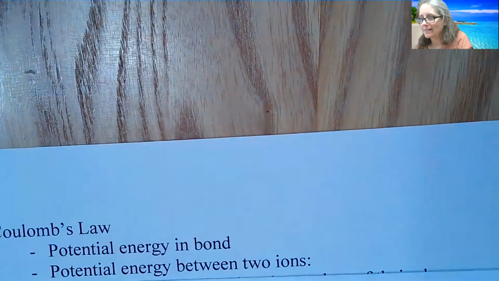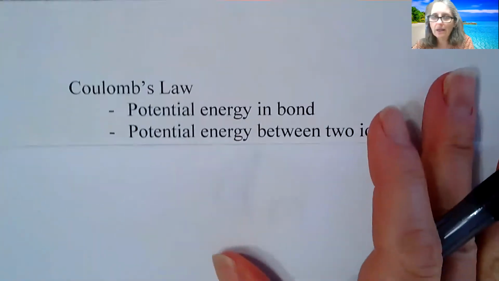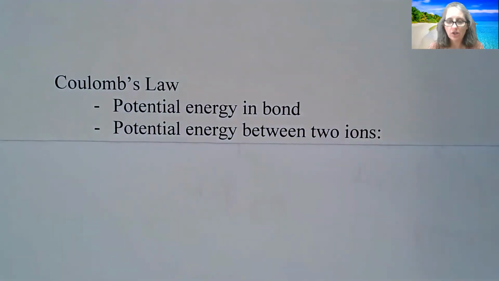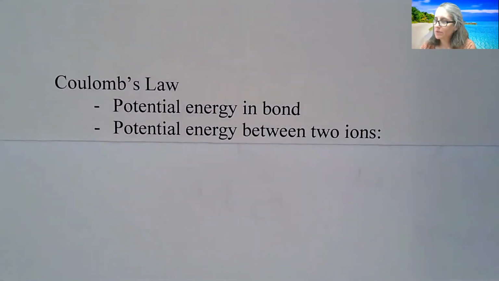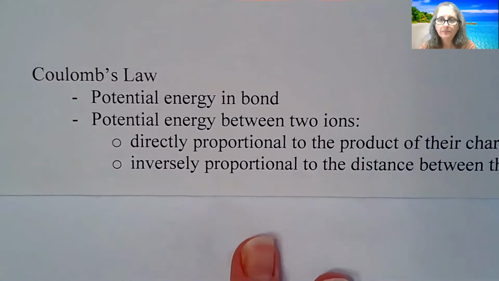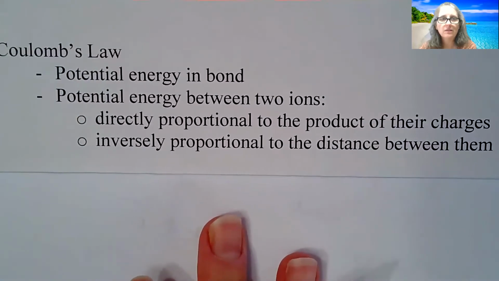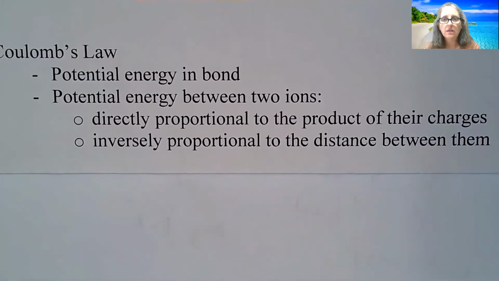We break it down more according to the bond itself. Coulomb's law is the potential energy in the bond. For the potential energy between two ions, the potential energy is directly proportional to the product of their charges.